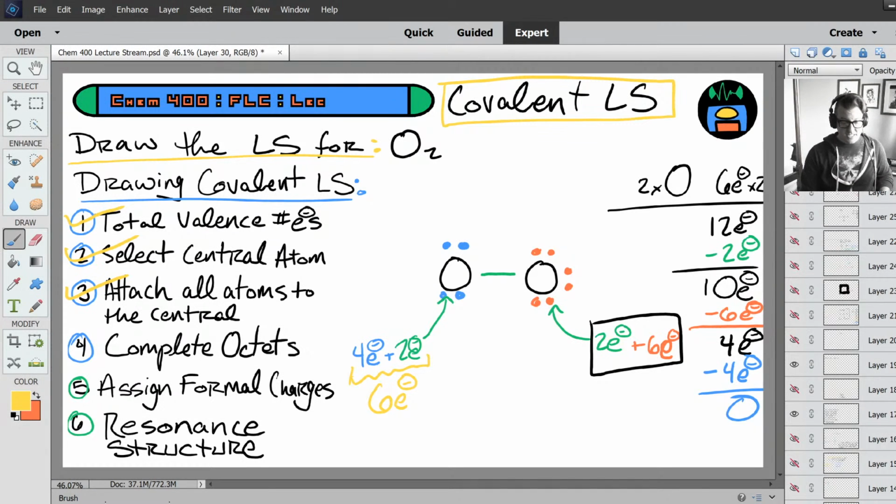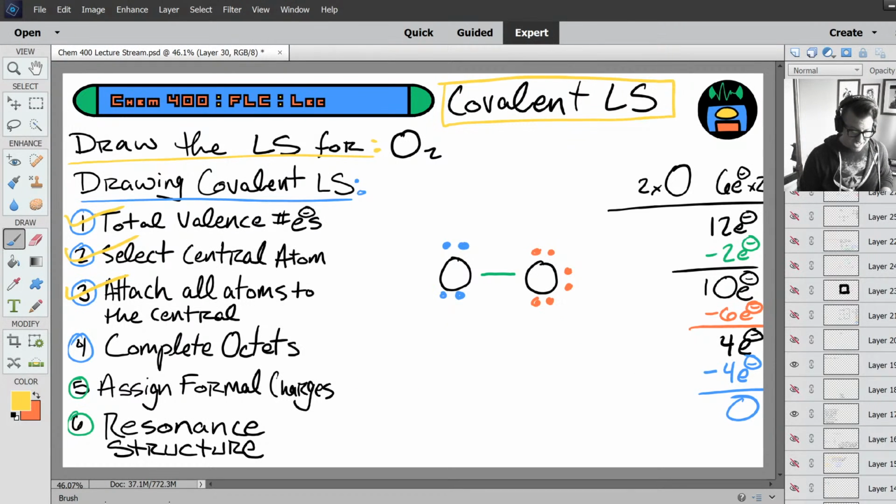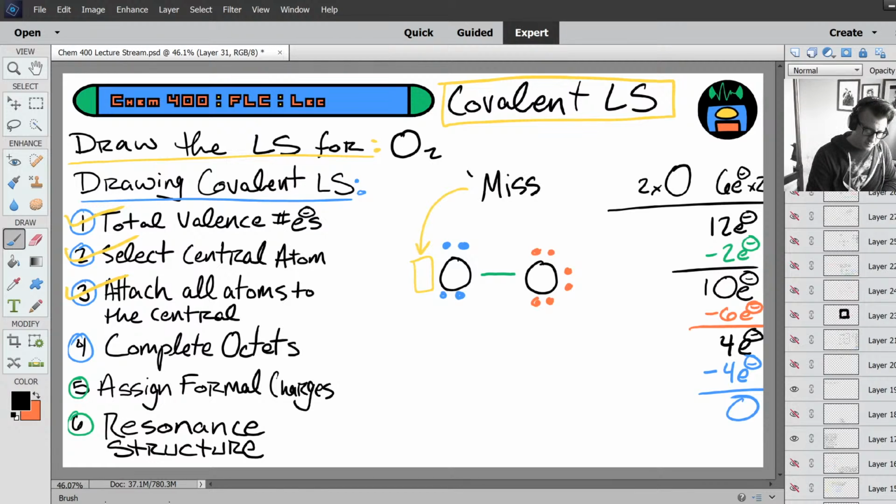Now, you may be looking at this and going, Josh, this looks like an impossible problem because we're out of electrons. We don't have any more electrons to give. How do you solve this problem? All right? This is going to happen to you over and over and over again. You're going to run into a situation where it seems like, if only I had 2 more electrons, I am "missing" 2 electrons.